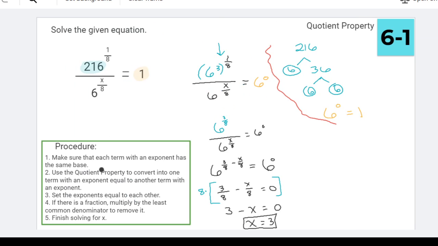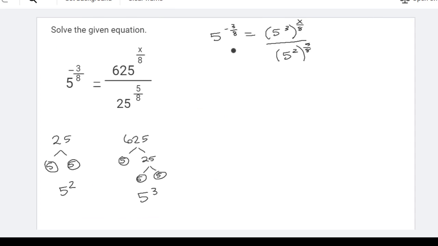Now it says use the quotient property to convert into one term with an exponent equal to another term with an exponent. Okay, so I need to figure out how to make all of this right-hand side 5 to some power. All right, so to do that, I'm going to use my power of a power property to get rid of these parentheses.